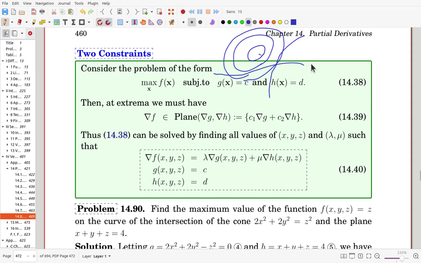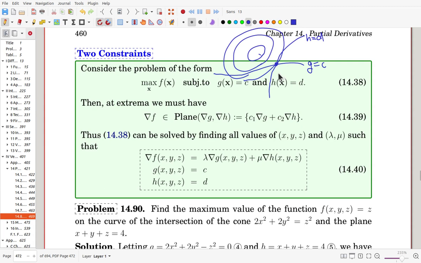So that is g equals c and that is h equals d. So the maximum x must be chosen so that x satisfies these 2 constraints simultaneously. So in this figure, the only possible solution happens at this point.